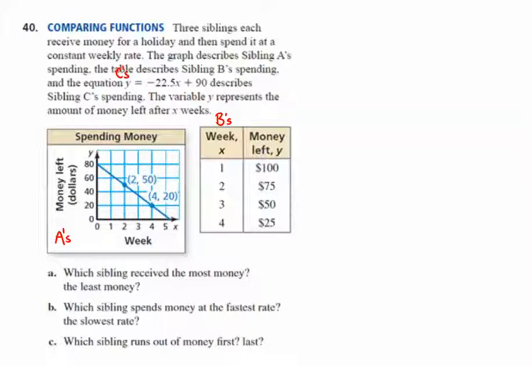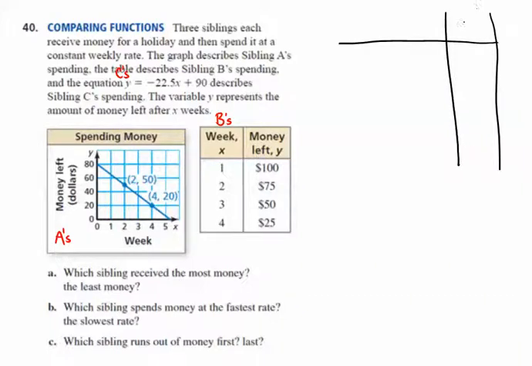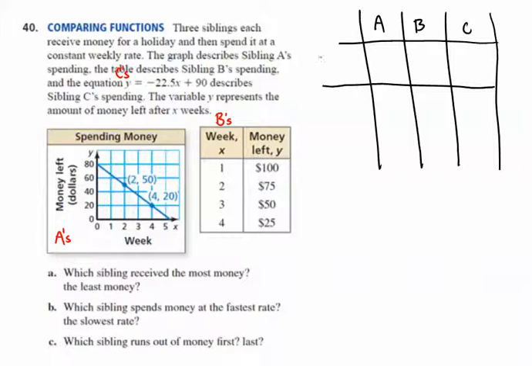So what I'm going to do here is make a little table that will help me organize this information. I'm going to have one column for sibling C, one for sibling B, and one for sibling A. Then I'm going to have three rows, and we'll describe them in just a second.